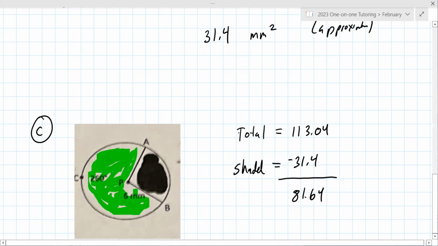What are the units? What are the units of area? Millimeters squared.